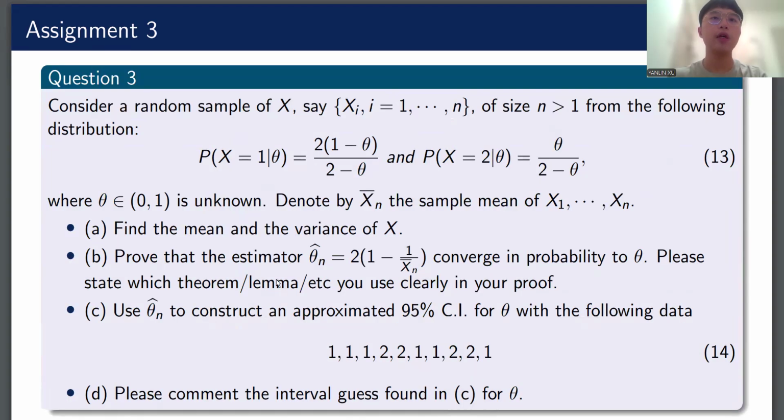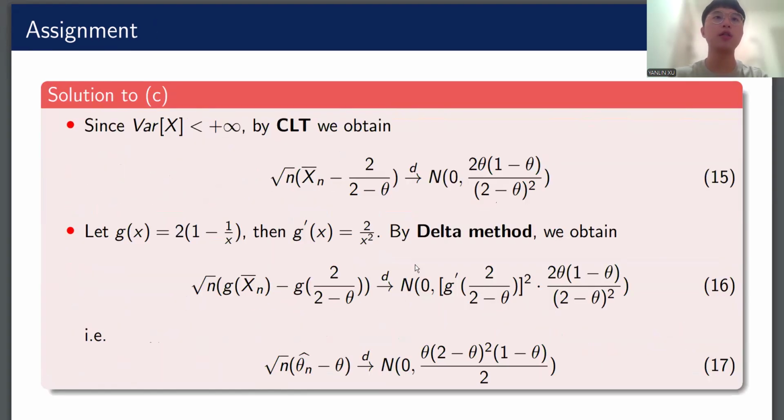We have to get the confidence interval for theta, and we know that by 2, the estimator for theta is a function of sample mean, and we just let the function be 2 times 1 minus 1 over x. So we can use the delta method to find the confidence interval.